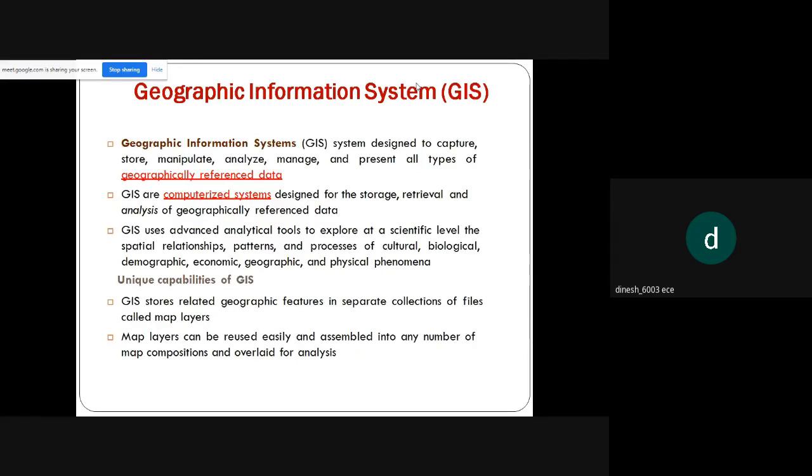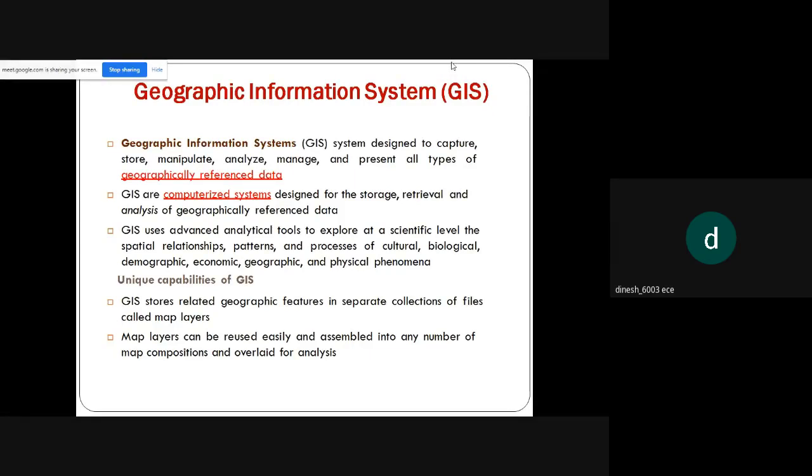GIS. Geographic information systems are designed to capture, store, manipulate, analyze, manage and present all types of geographically referenced data.